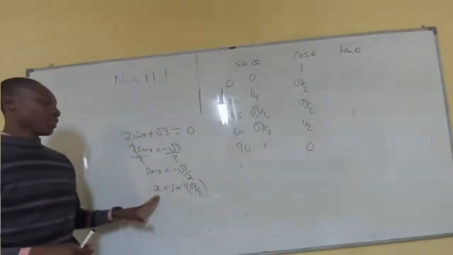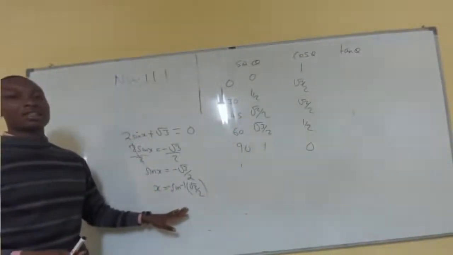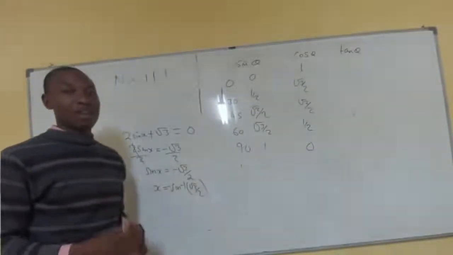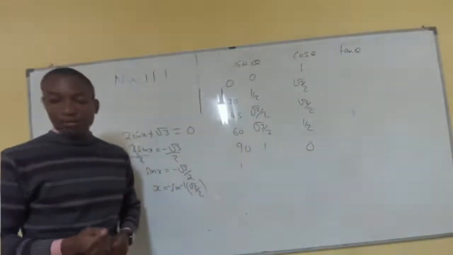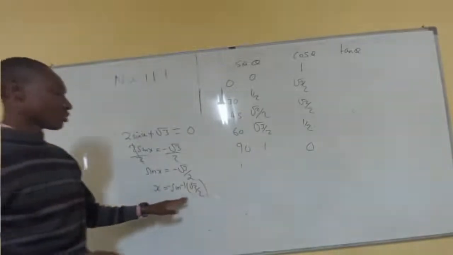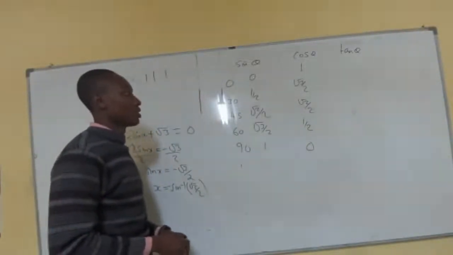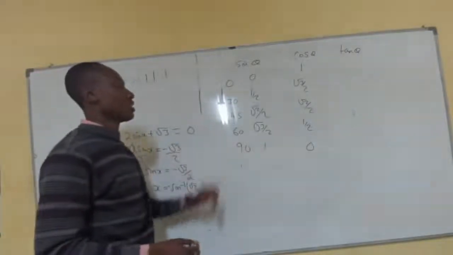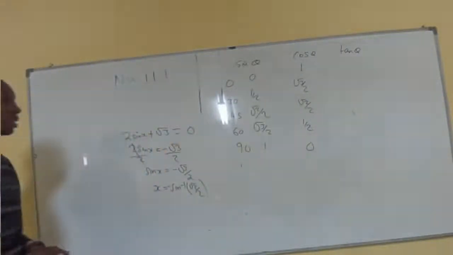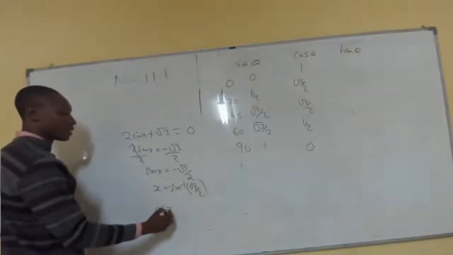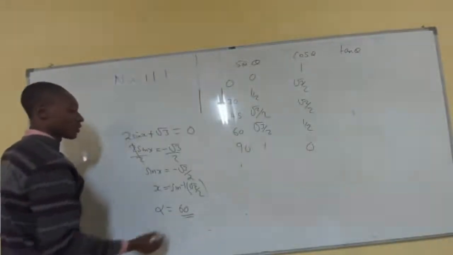Whatever we find here as the inverse is actually alpha, the terminal side. Sine inverse of root 3 over 2 is 60, so the alpha here is 60 degrees.